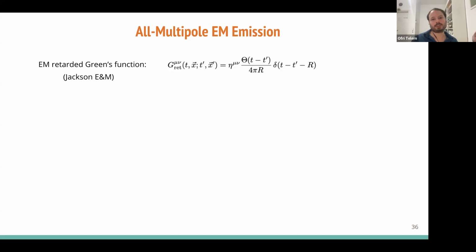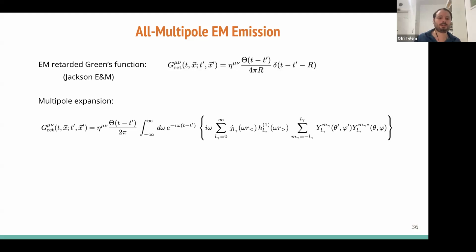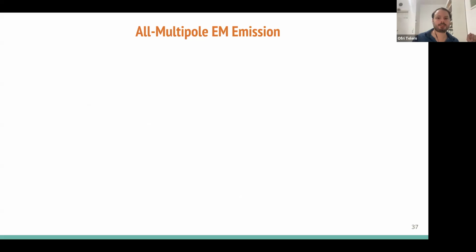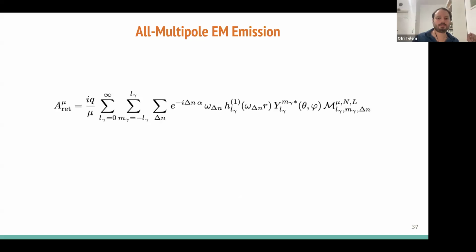Of course, what I want to do is the multipole expansion, which is probably an exercise in Jackson, whose solution is this. Now I substitute the current and the multipole-expanded Green's function into the formula for the retarded field, and I integrate over some delta functions. So far, nothing to do with the QSM. This is just the Jackson exercise. And this is the result.